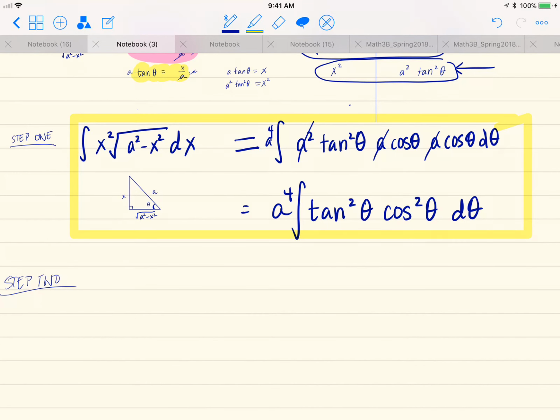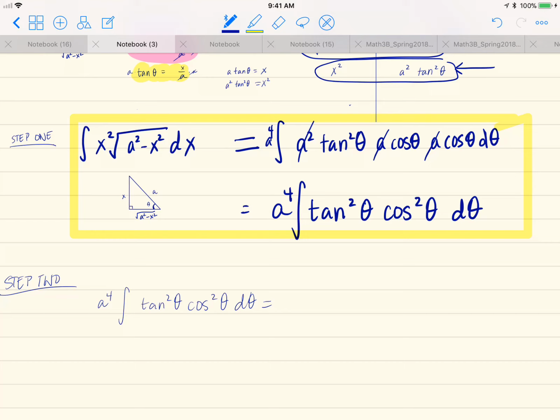Okay, now step two is to evaluate the trig integral. So we've got a to the 4 times the integral of tan squared theta, cosine squared theta d theta. And the first thing we think is, hey, wait a minute, tangent and secant go together. Sine and cosine go together. Tangent and cosine, they don't really go together, right?